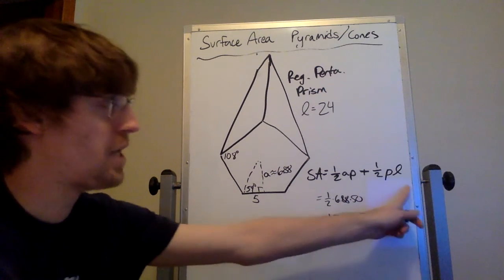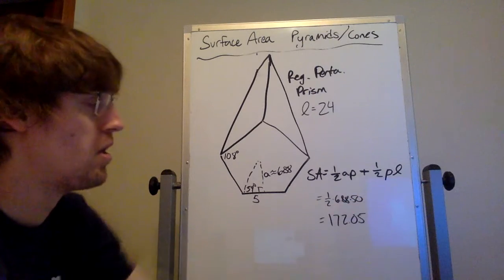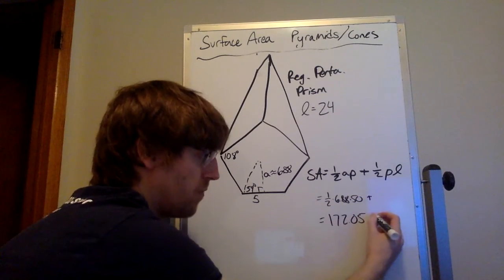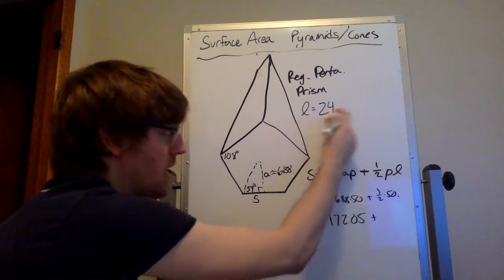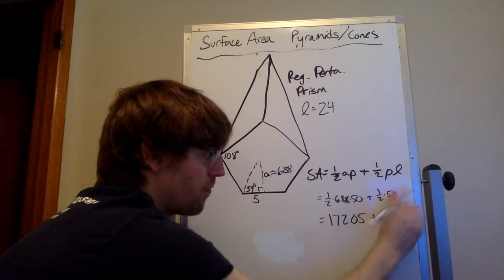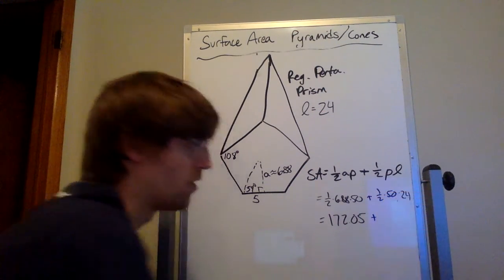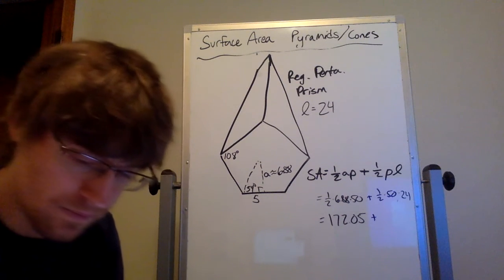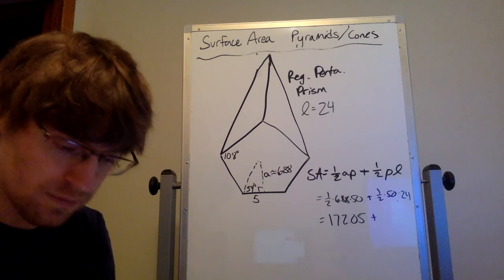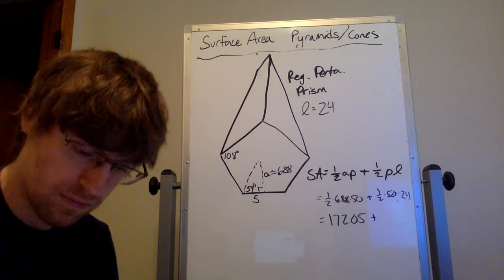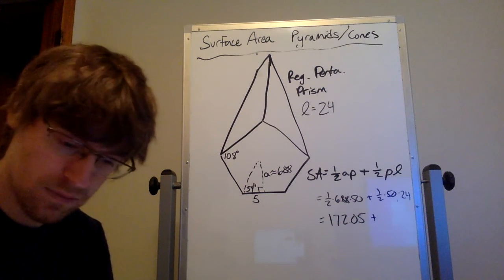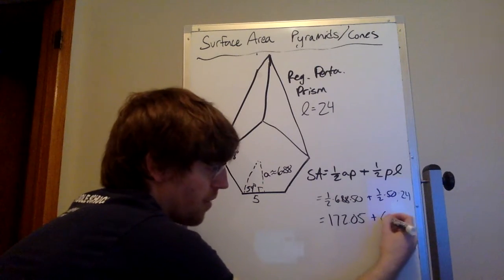And then 1/2 PL, this will be the nice part now. It'll be 1/2 times 50 times, and I gave it to you, 24. So let's multiply that. 600.